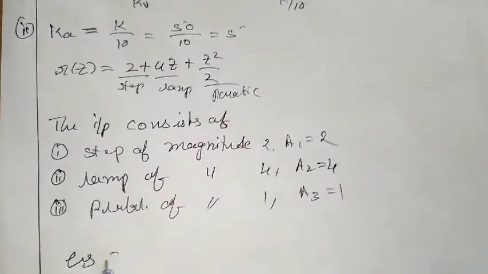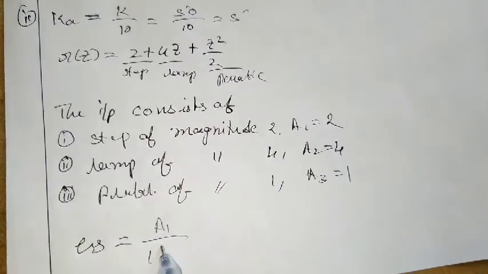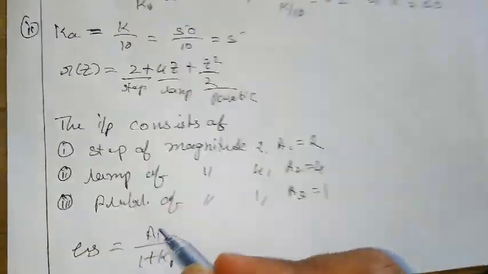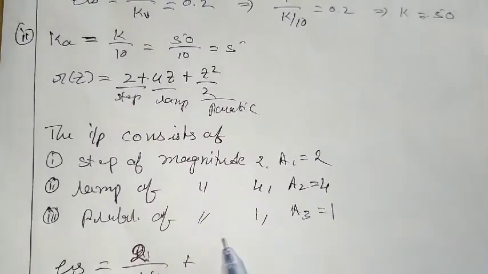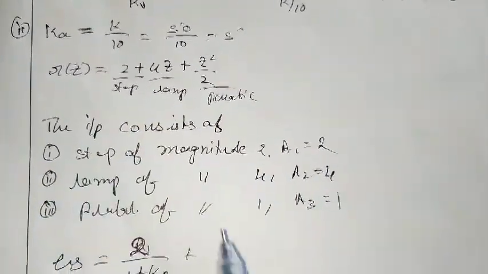So ESS is given by A1 by 1 plus Kp plus A2 by Kv plus A3 by Ka. So A1 is 2, I'll substitute 2 here.